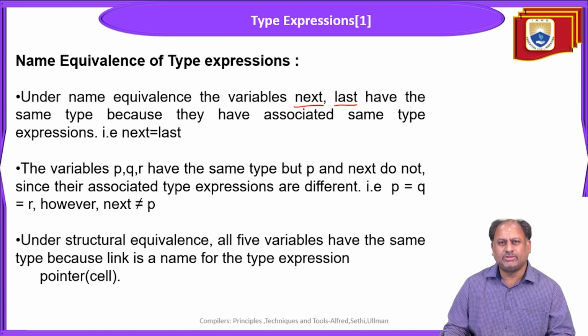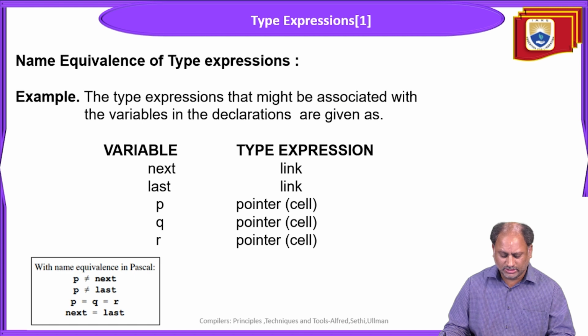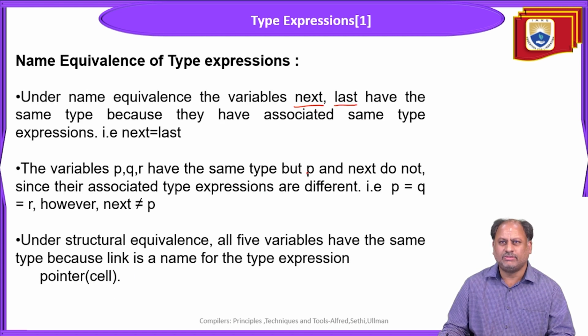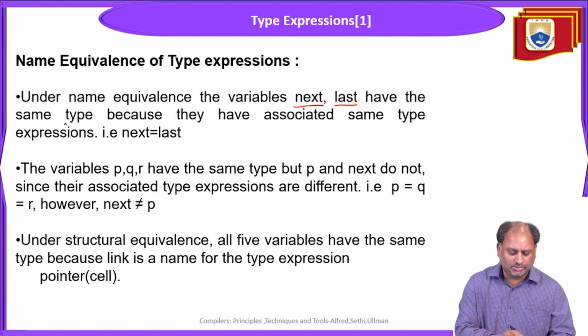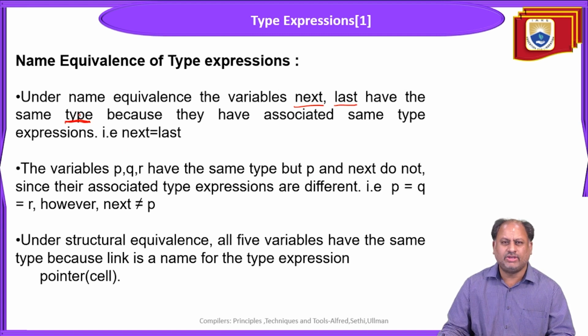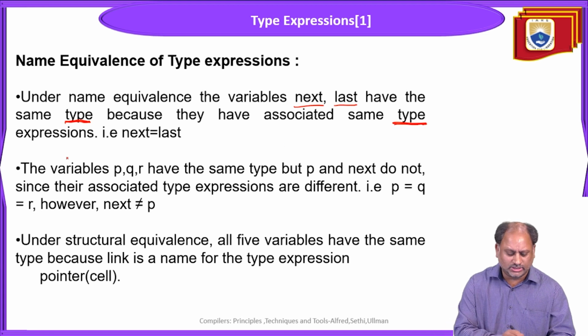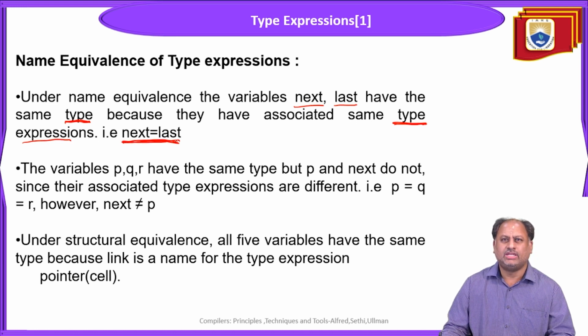That means the type expression is the same, here link type. Next also has link type. So the type associated with the variables next and last have the same type expressions. That's why it is defined as next equal to last.